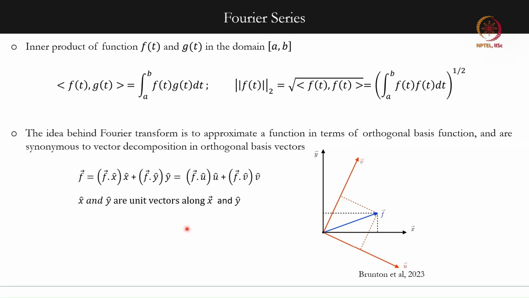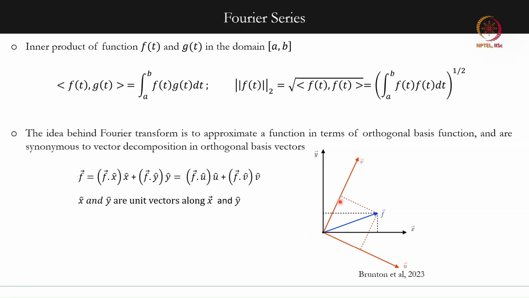Now to bring about the idea of a Fourier series representation of a time series signal, we'll again look into an example from our vector algebra. Suppose I have a function f that is defined in a vector space, and in that vector space I have two sets of basis vectors x, y and u, v.